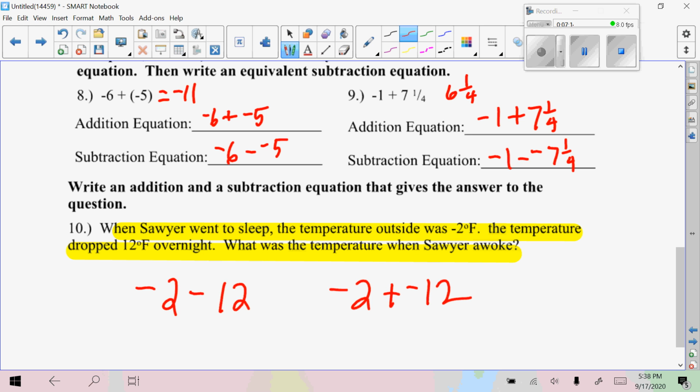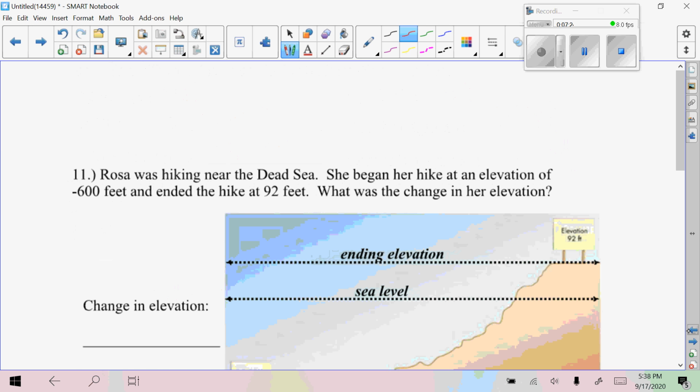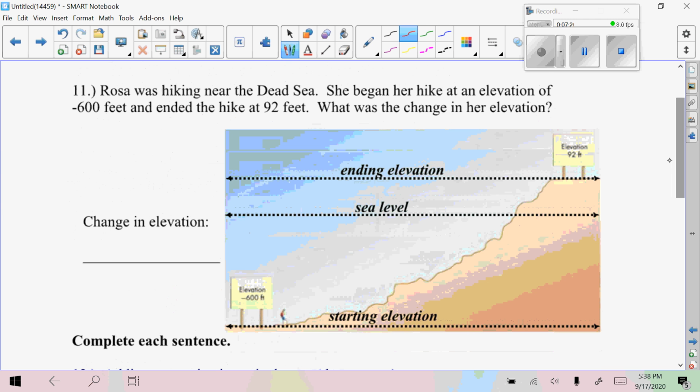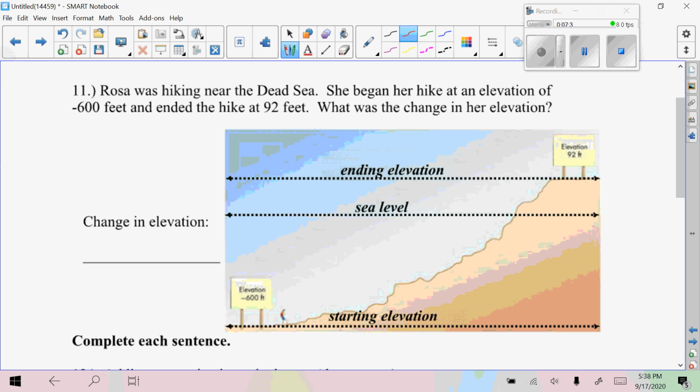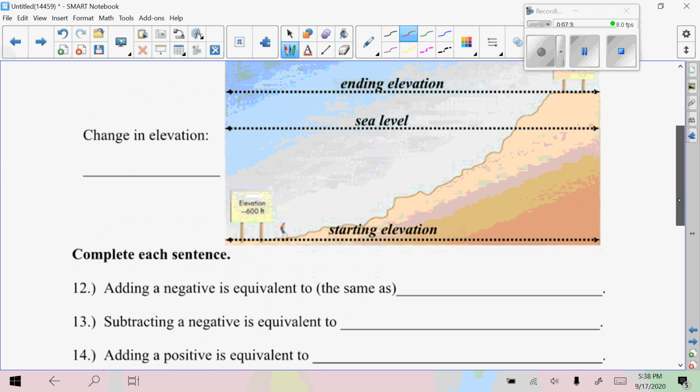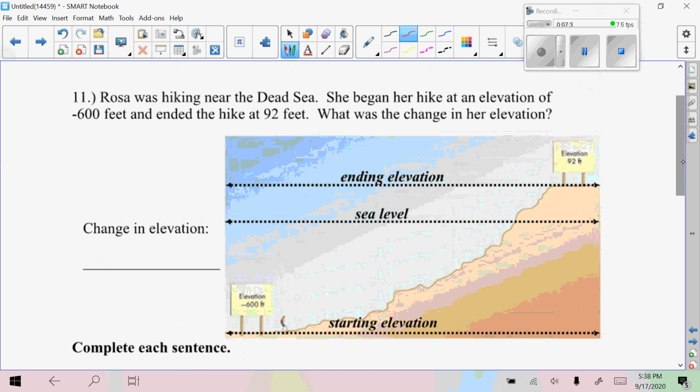All right, and either way, the temperature was -14 when Tyler woke up. Okay, so why don't you come up with the equation for this problem, Rosa, and write it as a subtraction and also as an addition.